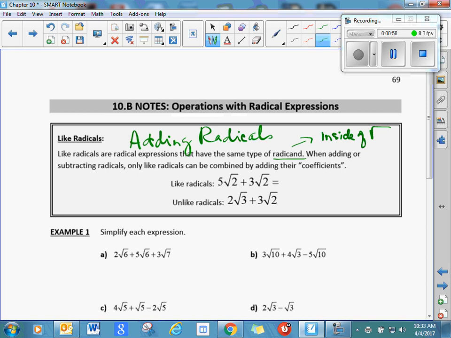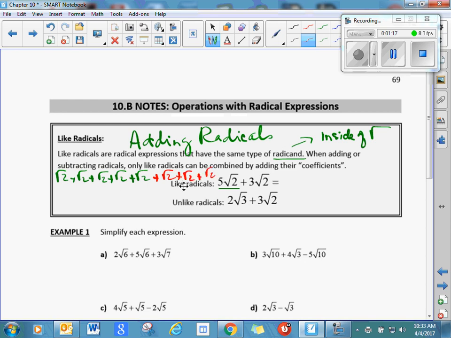So if you're looking at what we're saying here, I've got 5 radical 2's. There's 5 of them, and I've got 3 more of them someplace else.